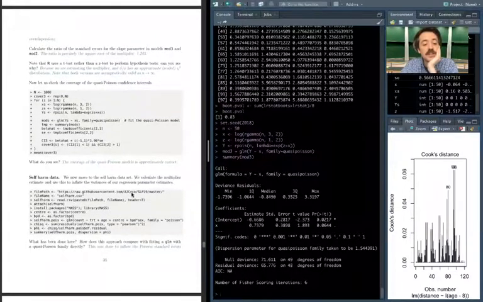I think what you have as a difference is that if you want to specify the link function and the variance function, the link would be applicable to both GLM and quasi-likelihood, and then the variance is applicable to the quasi-likelihood, so you could change the variance function.